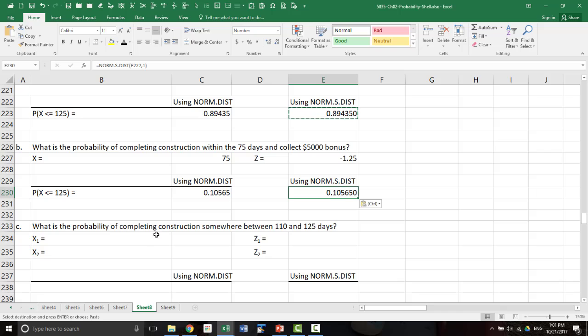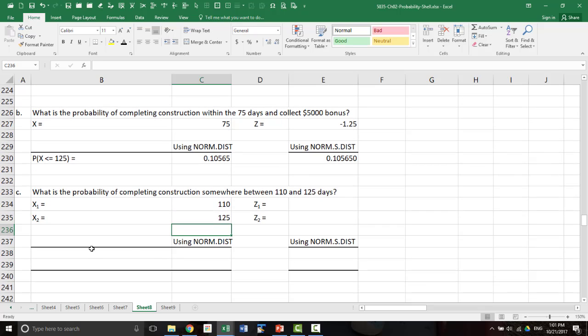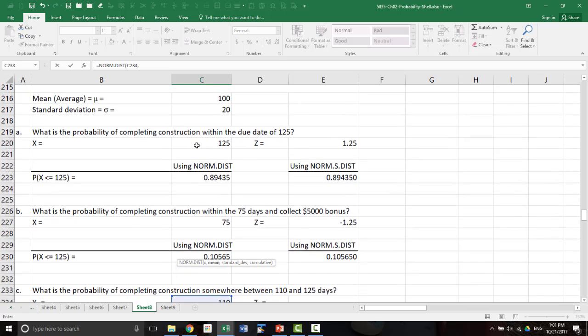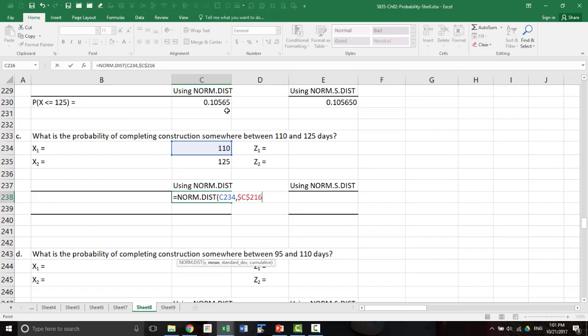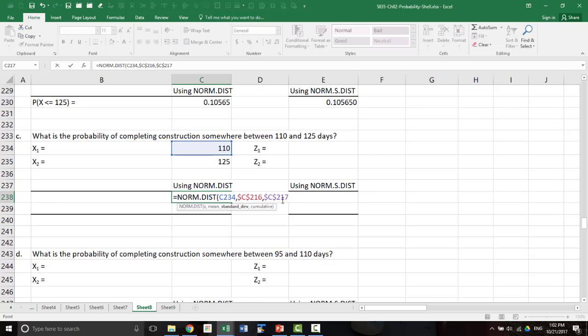So what is the probability of completing the project between 110 and 125 days? So here, if you use the norm.dist function, now we have to do the mu and sigma separately, right? So, again, absolute reference that.